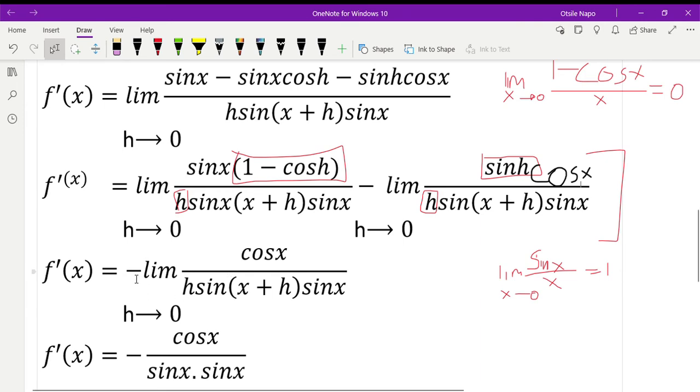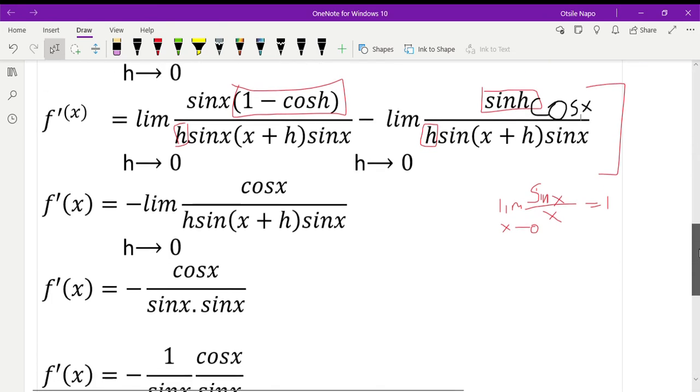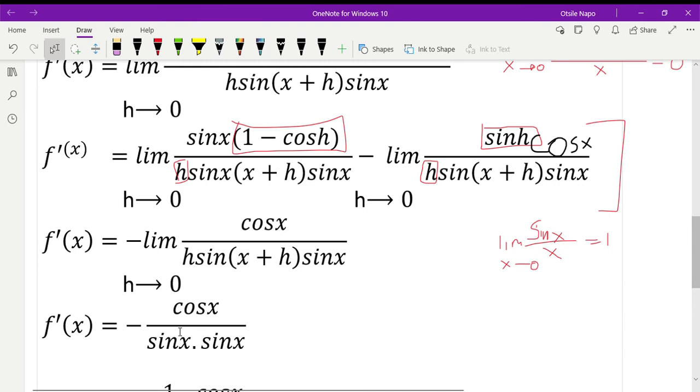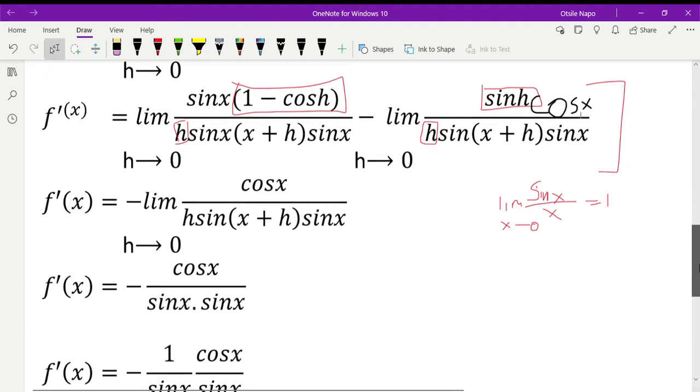Then now we are having a negative limit as h approaches 0 of cos x divided by sin x plus h multiplied by sin x. Therefore we substitute. Remember, when you're substituting, you need to remove your limit as h approaches 0, as you are actually substituting that 0 into the equation.